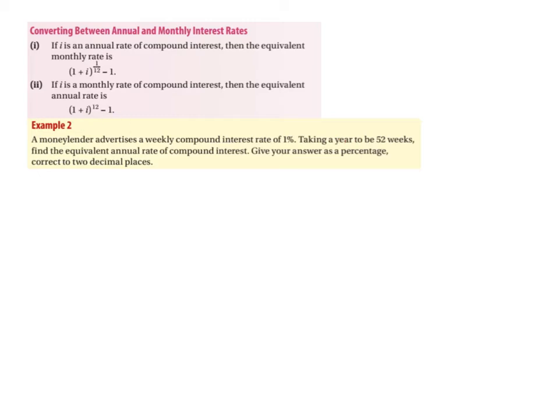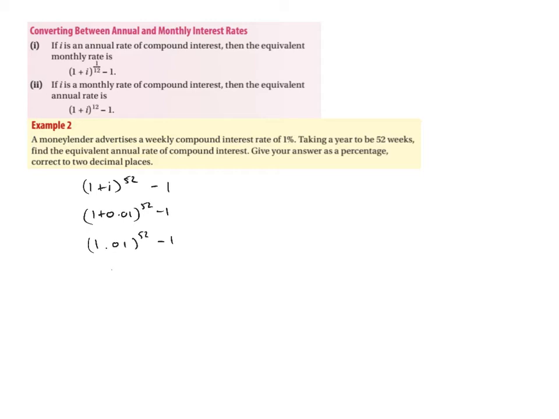I'm just going to stick it straight into the formula and work out the answer. There are 52 periods instead of 12, so we write down 1 plus i to the power of 52 minus 1, and off we go. The interest rate is 1%, so it's 1.01 to the power of 52 minus 1.